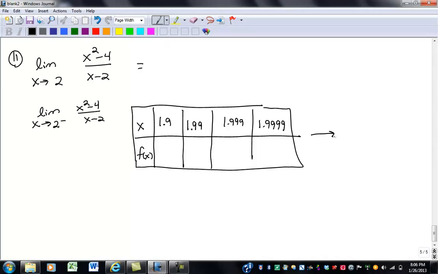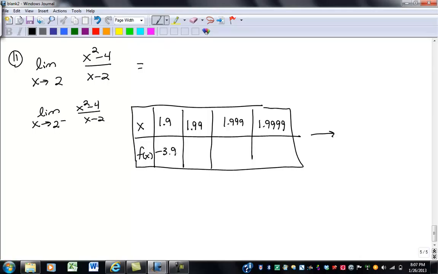So when you plug 1.9 into your calculator to calculate what this will give you, you have 1.9 squared minus 4 divided by 1.9 minus 2, which is 0.1.